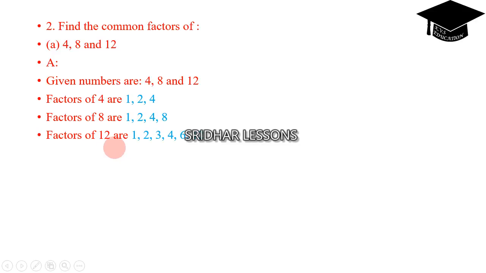The factors of 12 are 1, 2, 3, 4, 6, 12. If you observe the common numbers among all three, they are 1, 2 and 4. Hence, we call them the common factors, that is 1, 2 and 4.